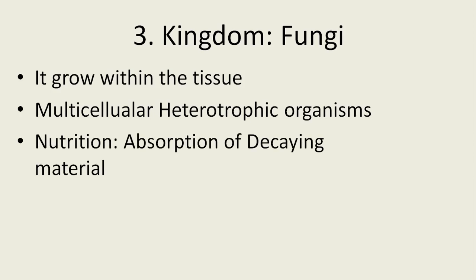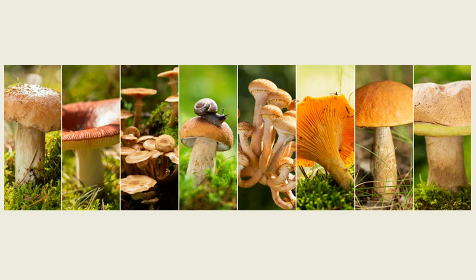They grow on any decaying matter or wet area and absorb food material from that tissue. Here we see pictorial forms of different types of fungi growing on different tissues with absorptive nourishment.